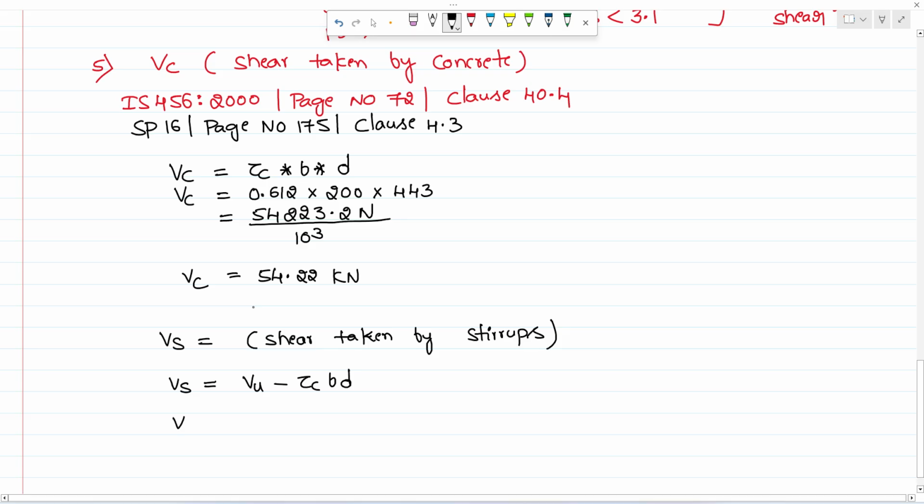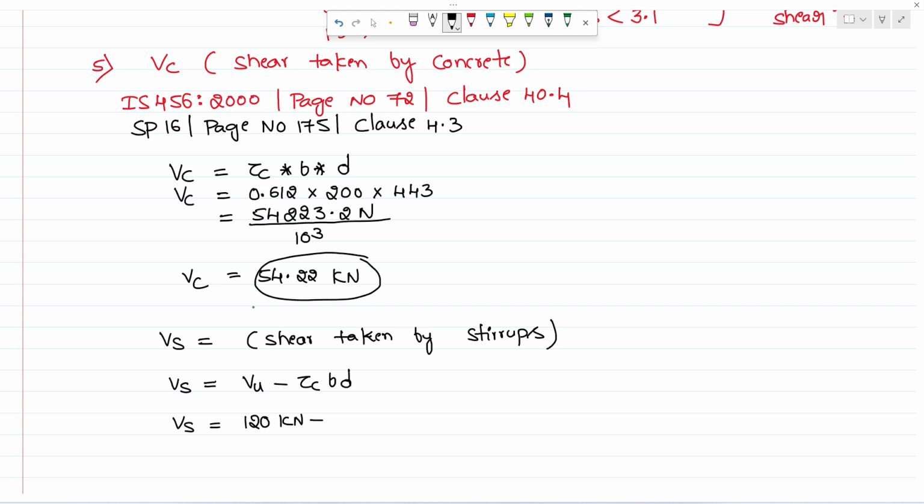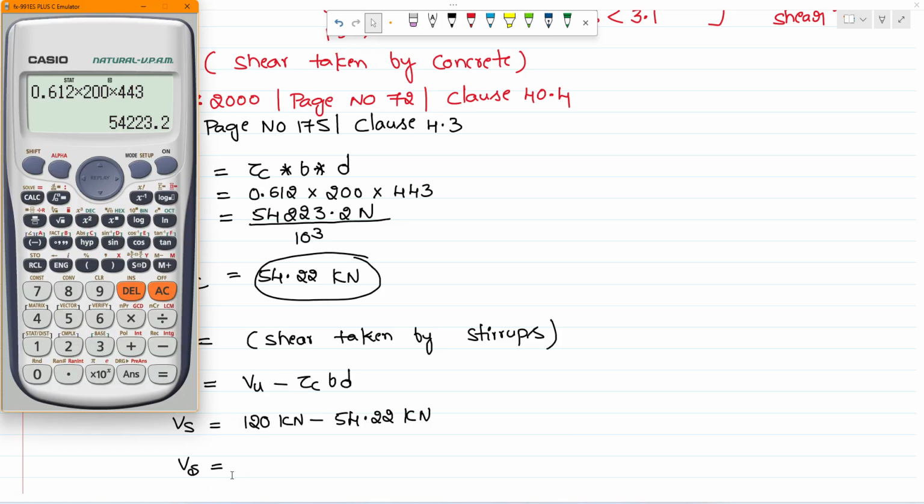So shear taken by stirrups, Vs equals Vu, you have 120 kilonewton, minus tau C BD value, which is your Vc, 54.22 kilonewton. So your Vs value is 120 minus 54.22.